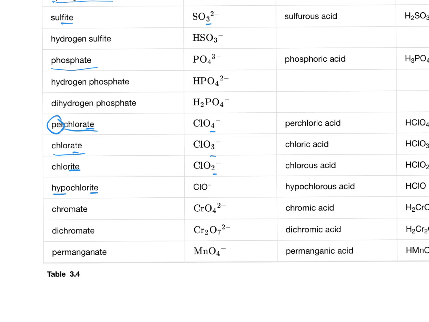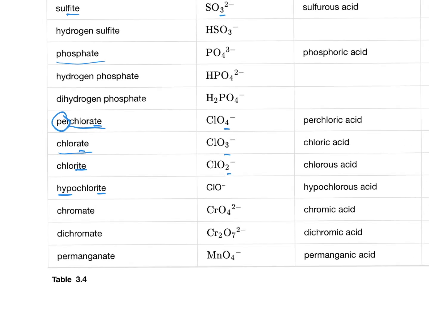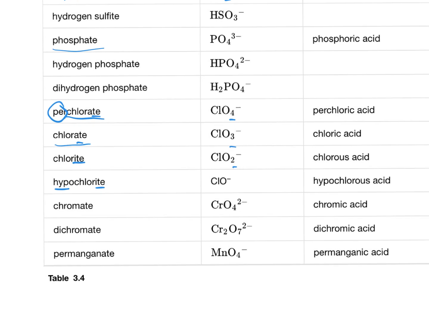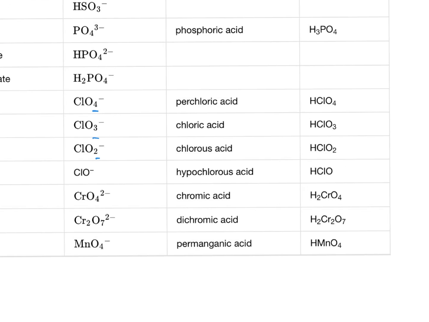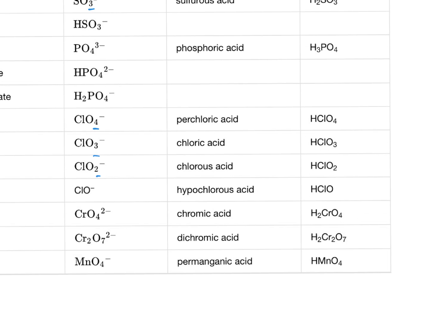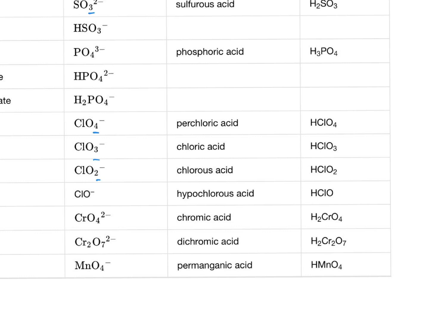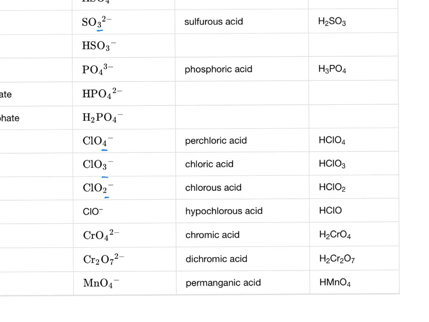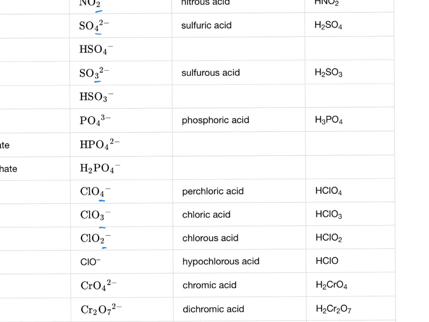Chromate, dichromate. Can you see these okay? Do I need to make it bigger? Good. Okay. Permanganate. And then these are acids. We'll talk about those later.